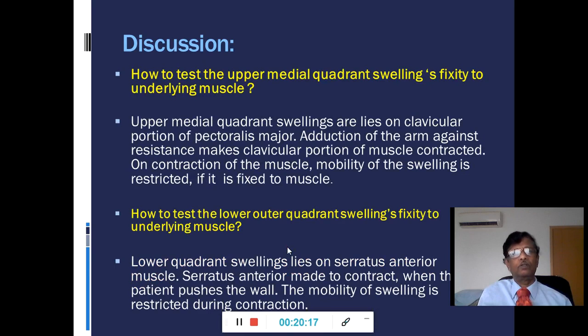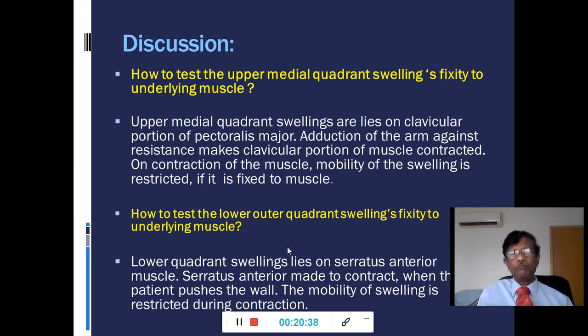How to test the upper medial quadrant swelling's fixity to underlying muscle? Upper medial quadrant swellings lie on the clavicular portion of the pectoralis major. Pectoralis major has a sternal portion and a clavicular portion.